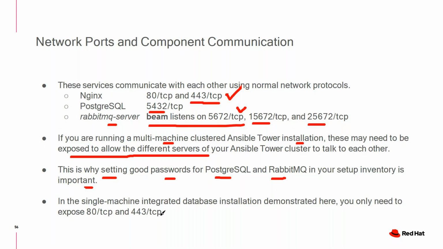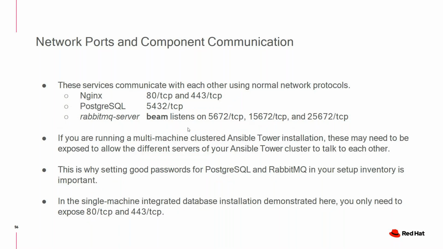In the single-machine integrated database installation demonstrated here, you only need to expose port 80. You need to open port 80 and port 443, which is for HTTPS, Secure Hypertext Transfer Protocol.